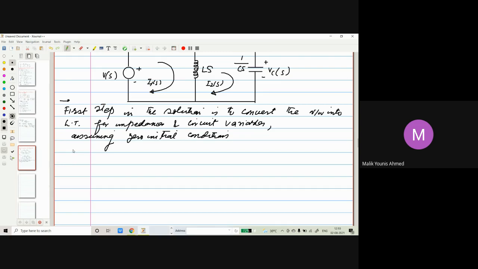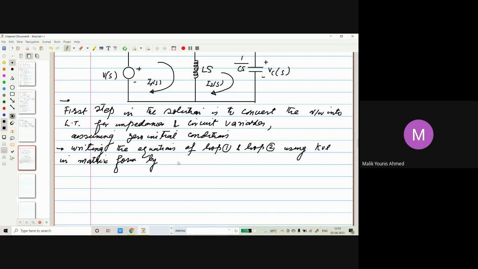Writing the equations of loop 1 and loop 2 in matrix form, the matrix formed by inspection.